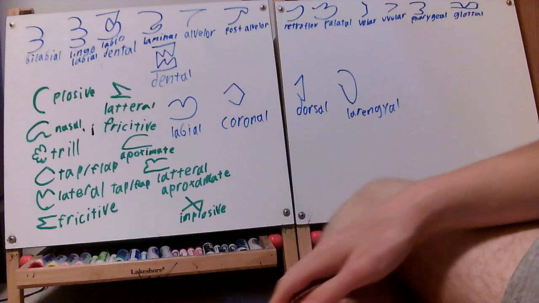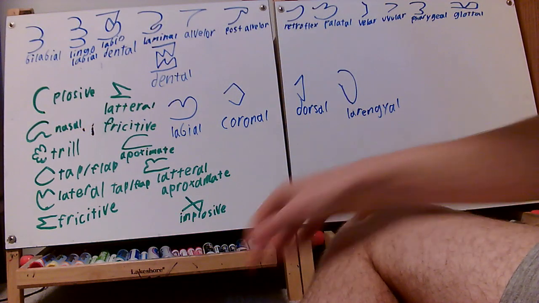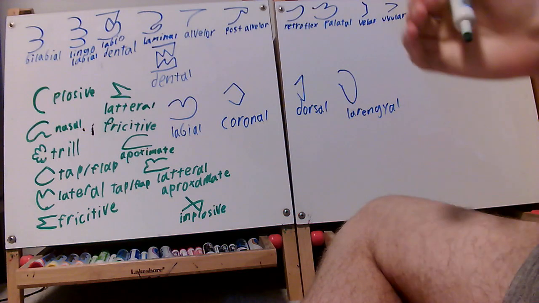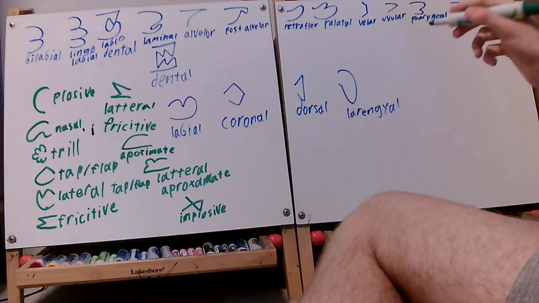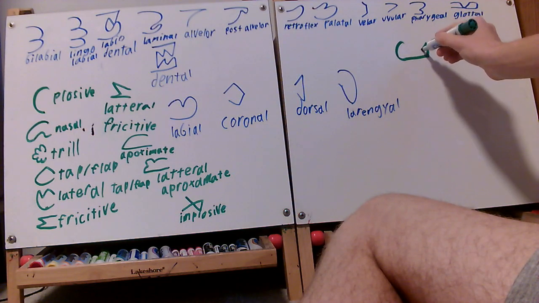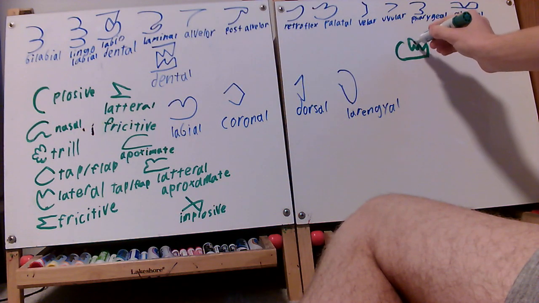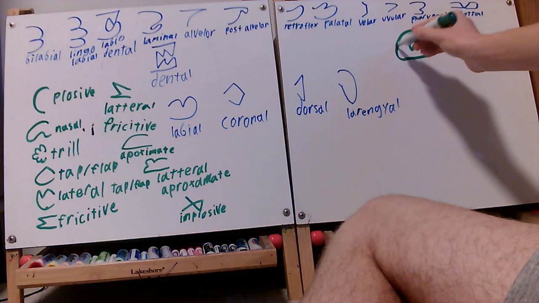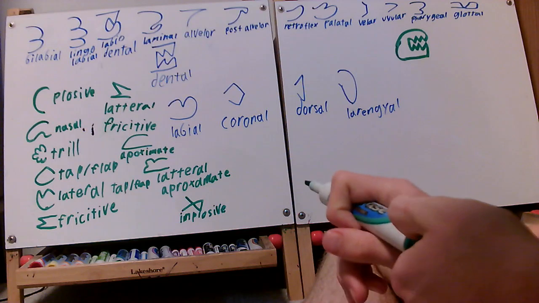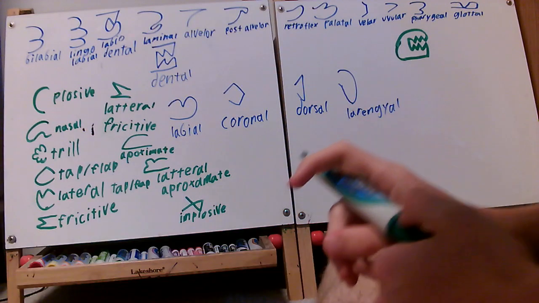So yeah, you just combine these. Like, let's say I want to make the dental plosive. There we go. That would be the symbol for the dental plosive, because it has both.